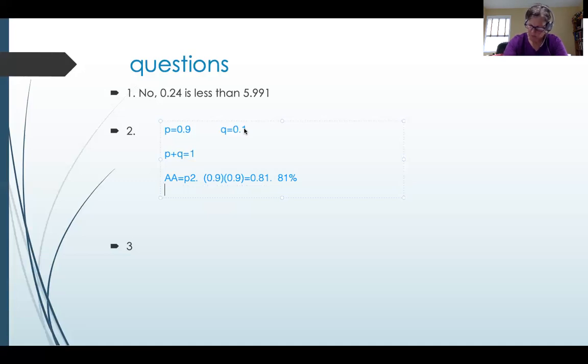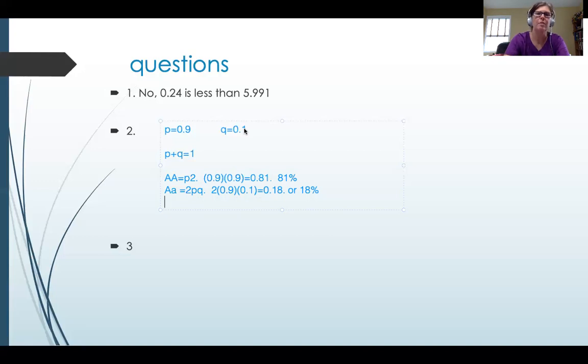And then it asks you for the heterozygous. Remember the formula for that. That would be big A, little a, and that would be my 2PQ. So 2 times my P, 0.9, times 0.1. I type that in my calculator, and I will get 0.18 or 18%. And then it asks you for the homozygous recessive.